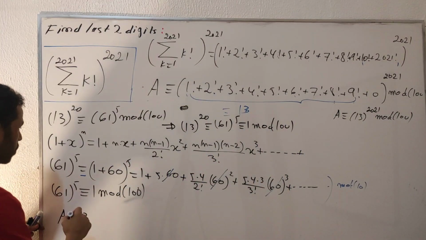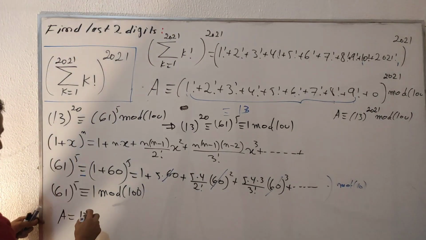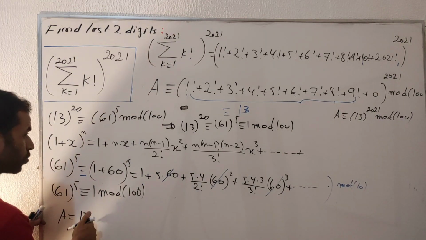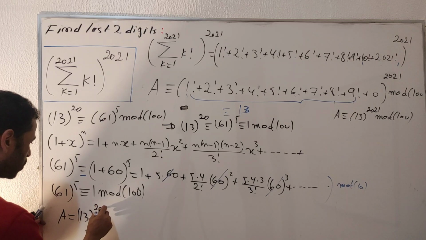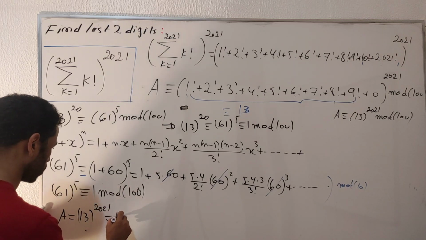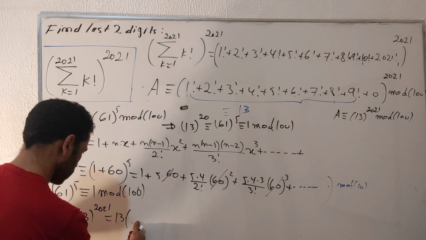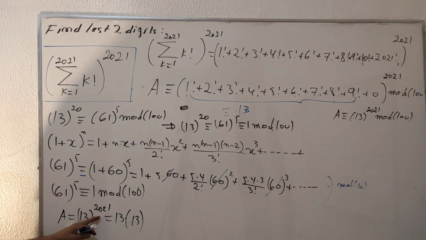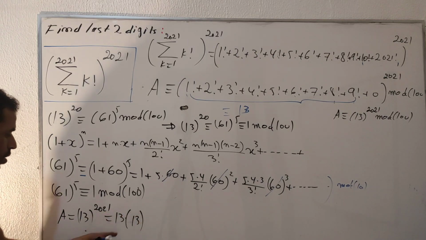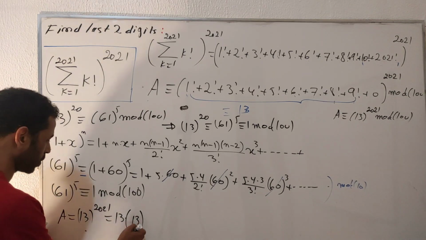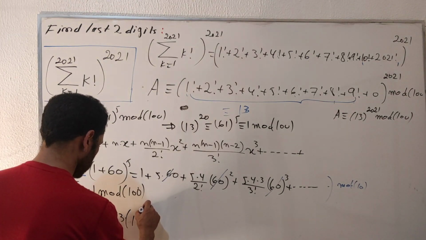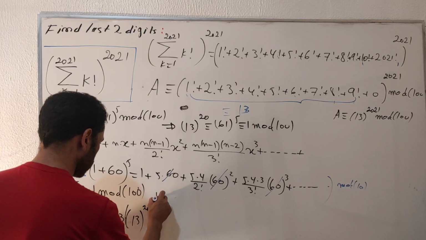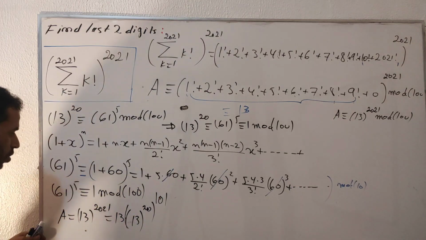Now take the value of 13 to the 2021 as I had before, which equals 13 multiplied by 13 to the 20, all to the 1, because 21 we said is 20 plus 1.